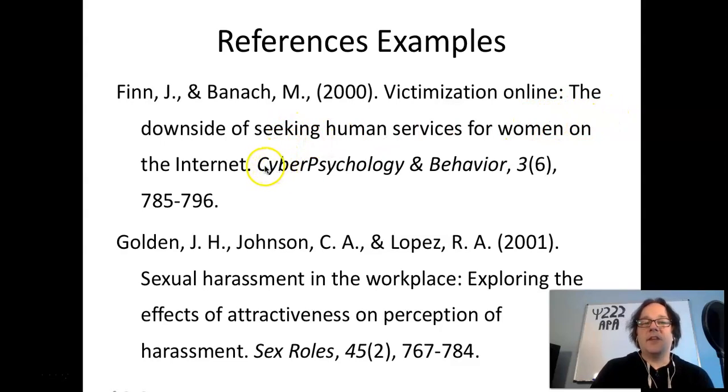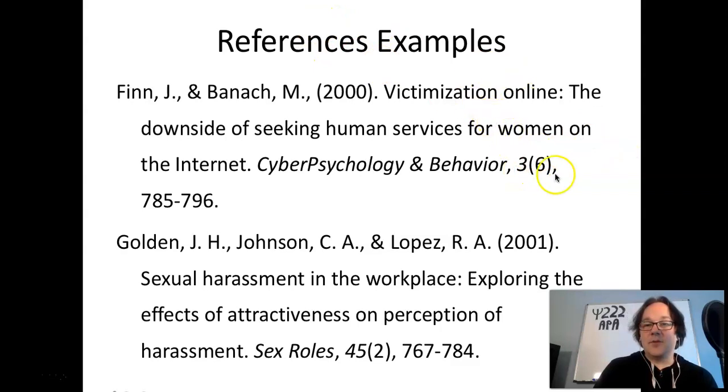Then we have the name of the journal. In this case, the journal is called Cyber Psychology and Behavior, and that gets italicized. So the name of the journal will be italicized, and this is the volume number, so it'll be volume 3, and that gets italicized as well.